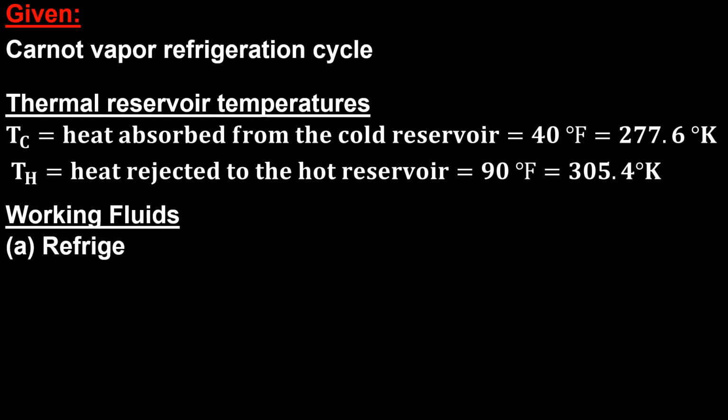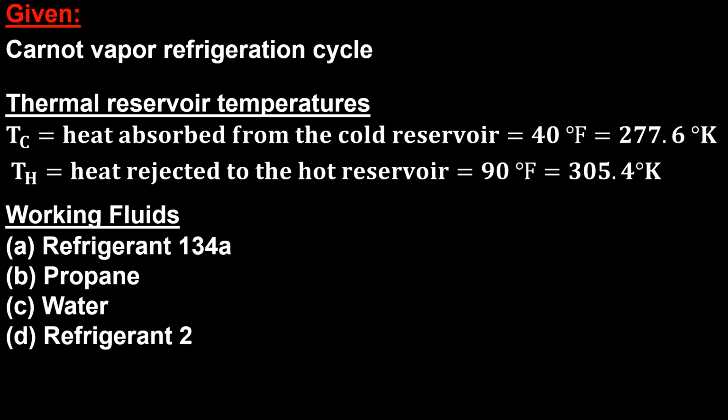And we are told the working fluids for which we need to find the operating pressures. All right. So what do we need to find? We want to find the operating pressures in the condenser and the evaporator for each working fluid. So what is happening in the evaporator?